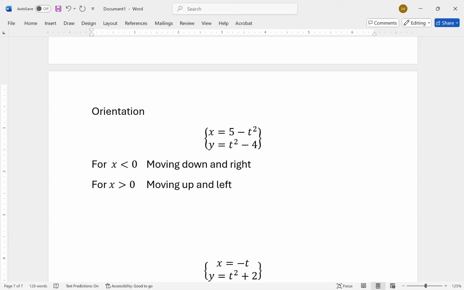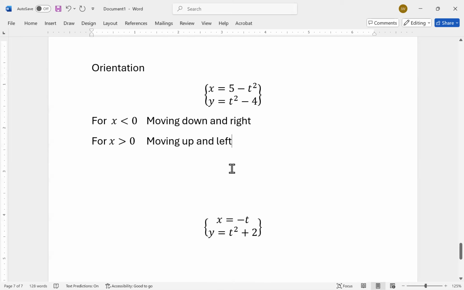And that's what's happening. So it's a linear movement down and to the right for negative x values and up and to the left for positive x values. Again, not as easy as a single word answer like clockwise or counterclockwise that we had in the previous two examples.